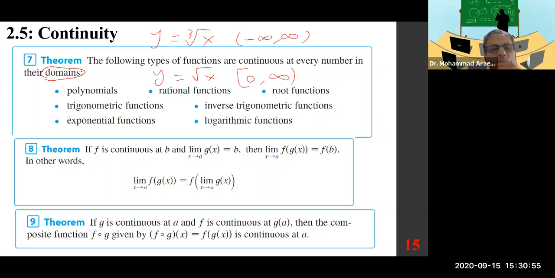All right. And any algebraic function, any composite function will do the same for us. So if you have a composite function, g of x, because of this continuity, basically we do the plug-in.